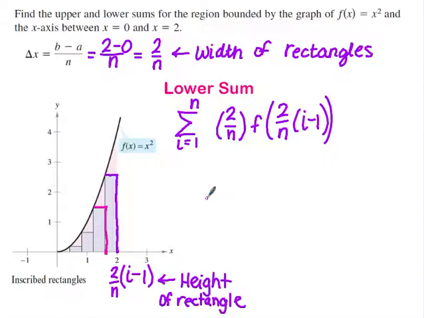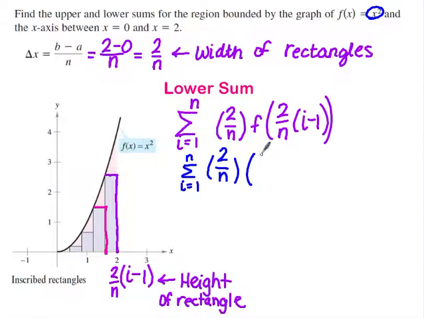Okay? Like I said, this is where it gets a little bit interesting. So now what I need to do is go ahead and leave the sigma. And I'm already running out of room. I've got my 2 over n right here. Now here, when this says f of, that means the original function, which in this case is the original function squared.